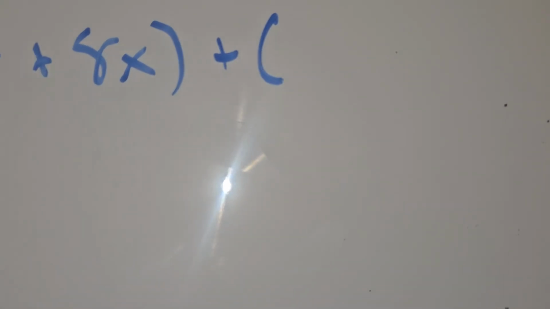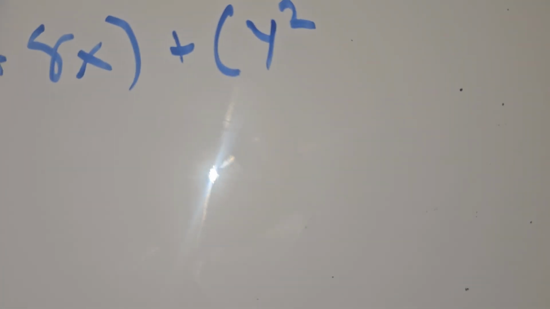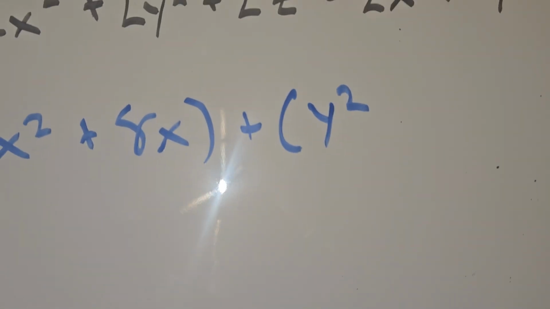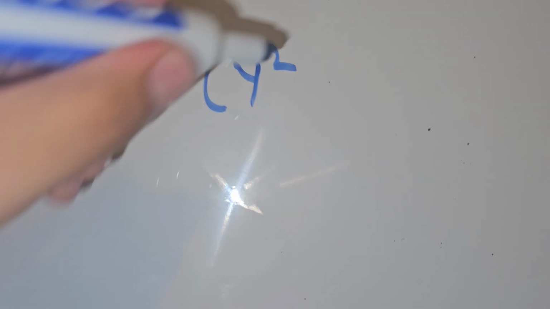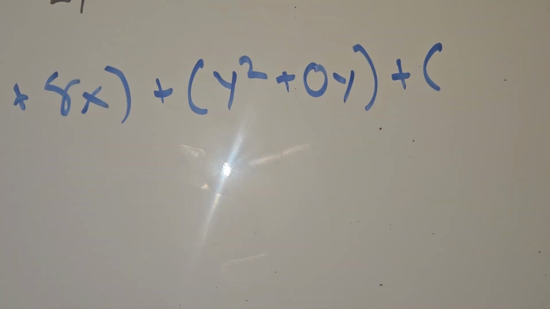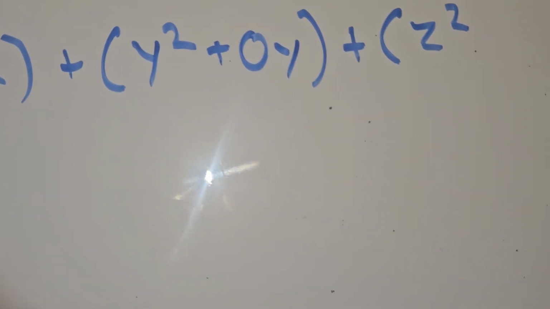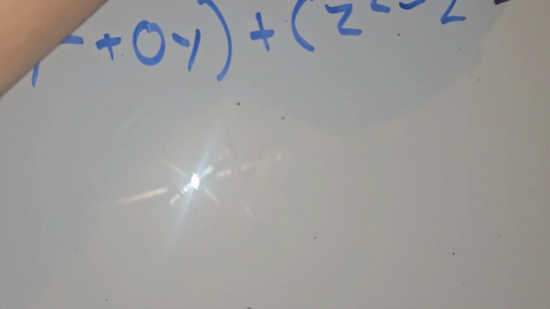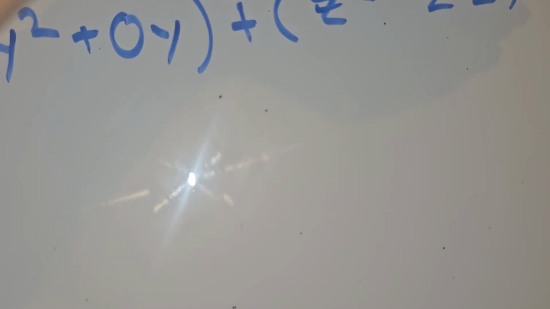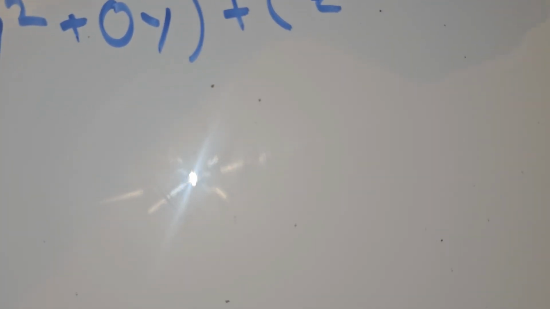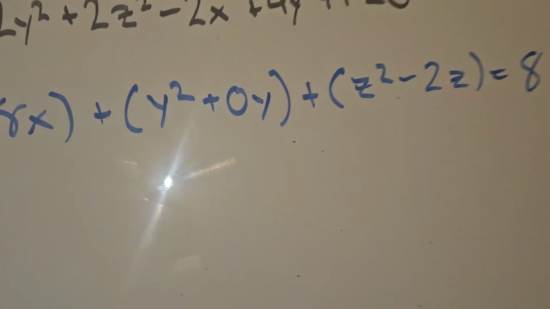No. Plus, let's put some more parentheses. We have y squared. Do we have any more y's? Doesn't look like it. So plus 0y, plus z squared minus 2z, right? Equals 8.